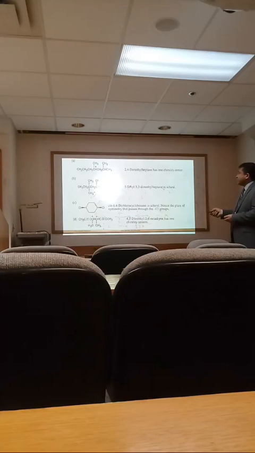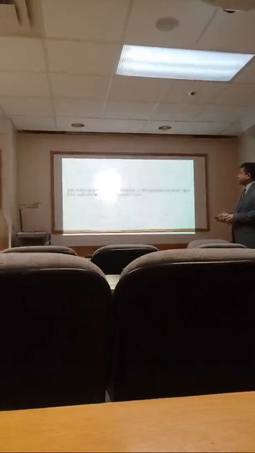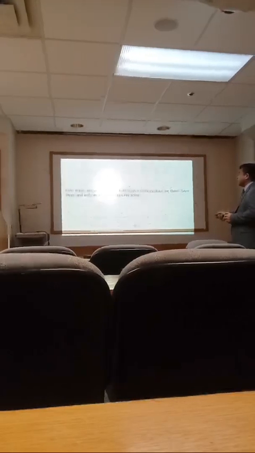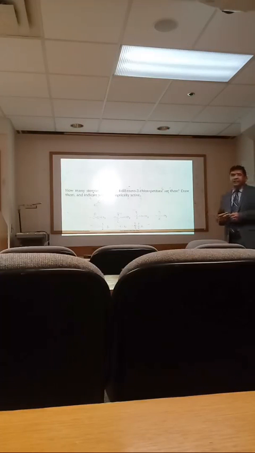And then, going to the last question, we are asked how many stereoisomers of 2,4-dibromo-3-chloropentane there are. Draw them and indicate which are optically active. Optically active, you remember we talked about chirality.